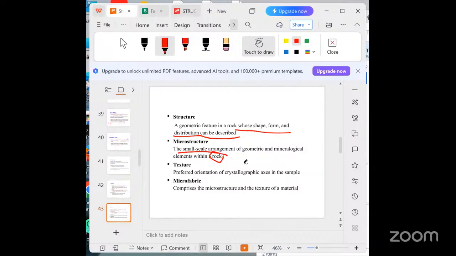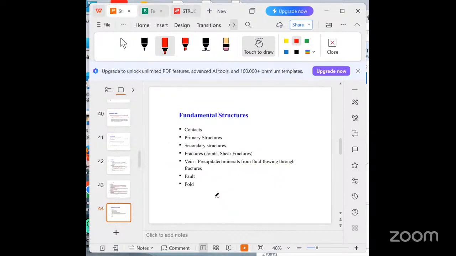That is called microstructure. And texture of the rocks means the preferred orientation of crystallographic axes in the sample. This is called texture. And microfabric comprises the microstructure and the texture of a material. So that is called microfabric.